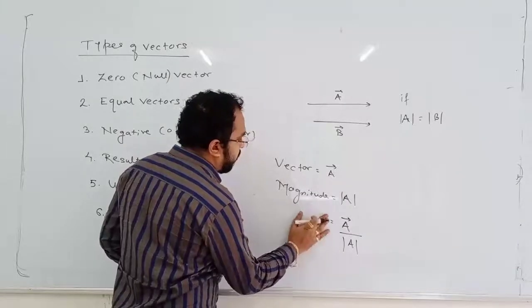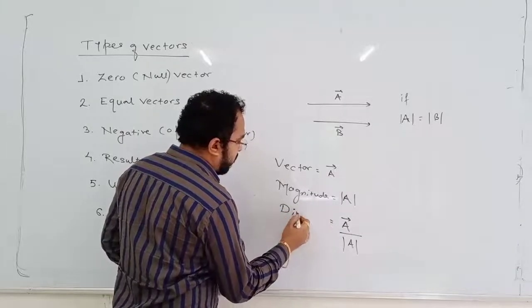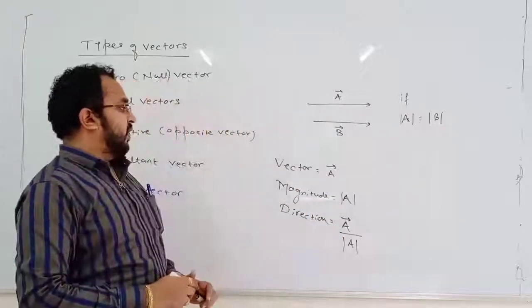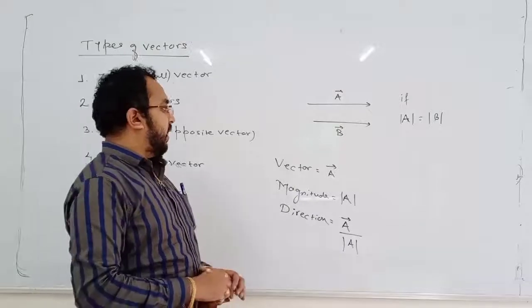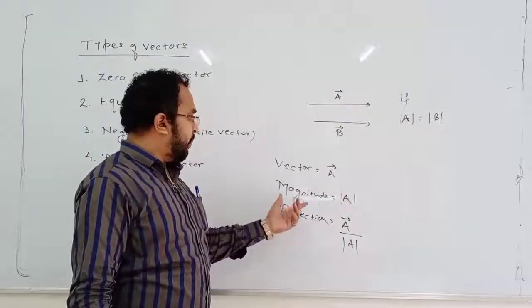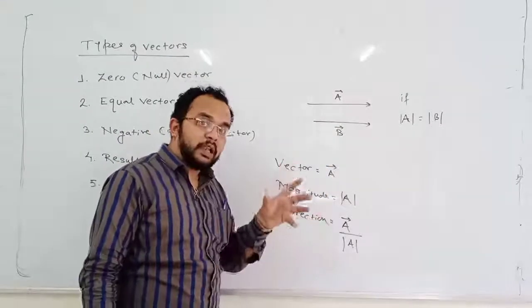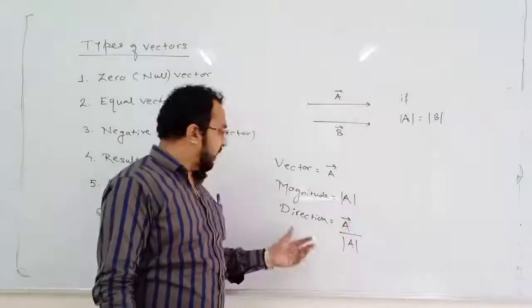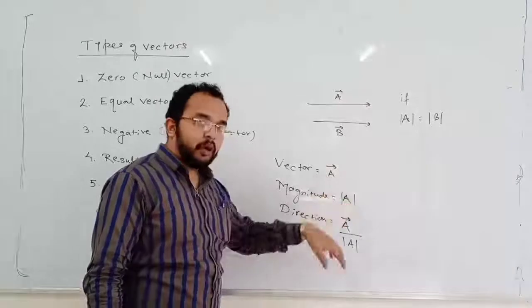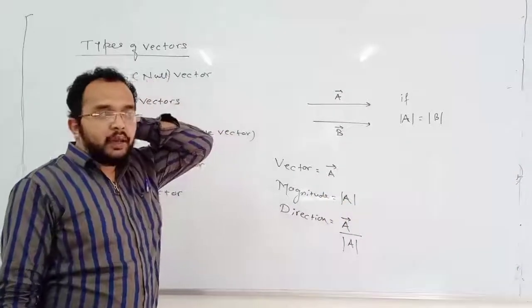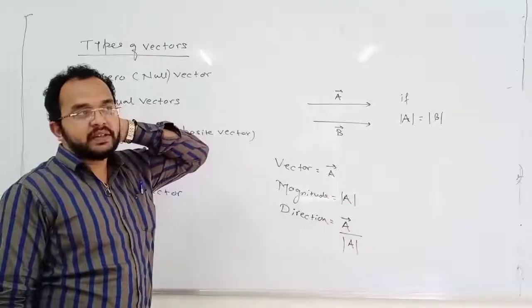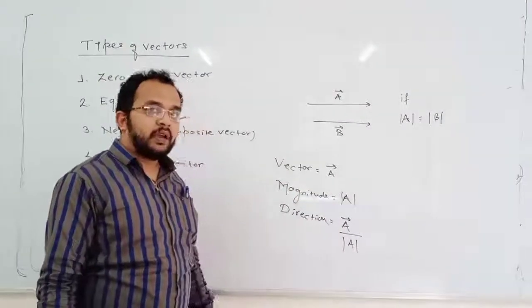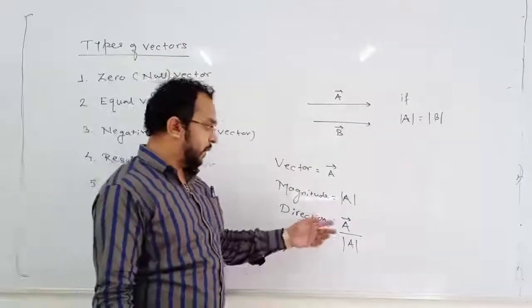So vector is represented by A with an arrow. Magnitude means its value. Value is represented by mod of A. Then direction will be vector A upon mod A. Why vector A upon mod A? Vector A means magnitude and direction. When we divide it by magnitude, only direction will remain. Okay.